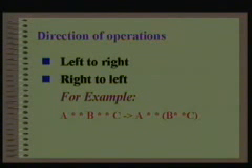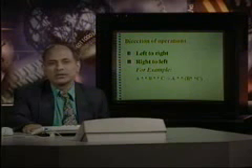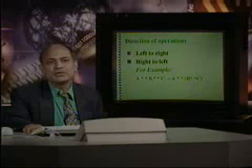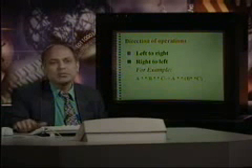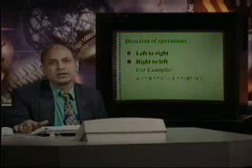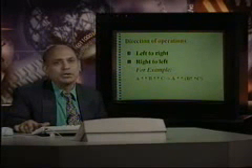For example, if you write a plus b plus c, first a plus b will be evaluated, and its result will be added with c. In this case, the direction of operator is of a different type. The direction will be from right to left. First b exponent c will be evaluated, and then its result will be evaluated with a.